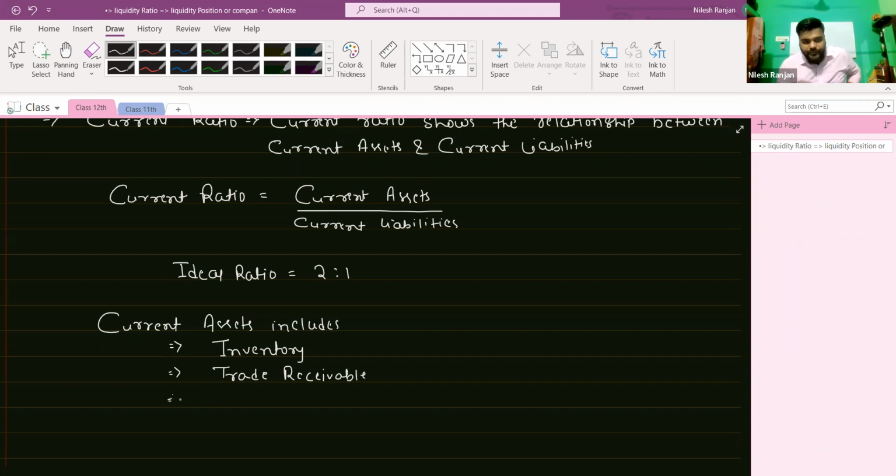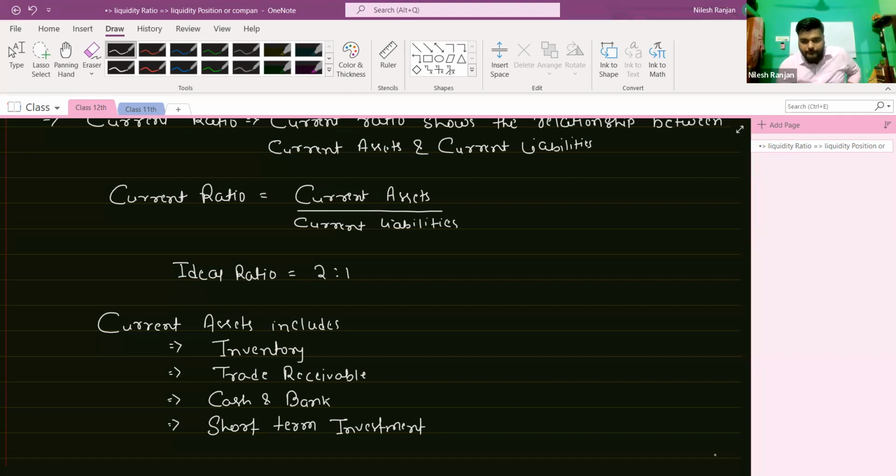Cash and bank balance and short-term investment. So these are included in current assets.